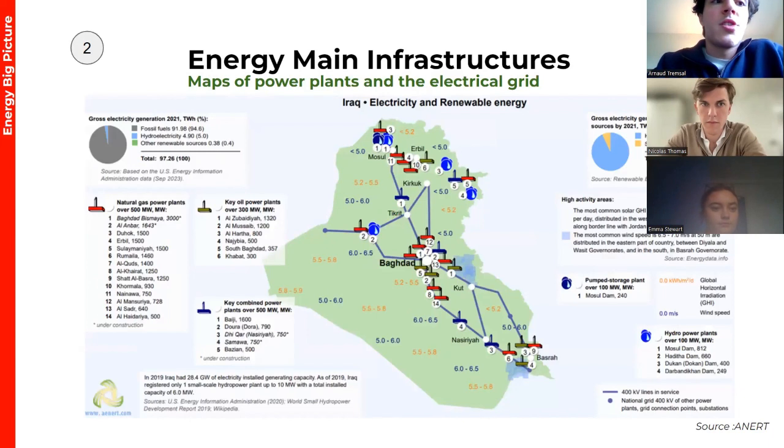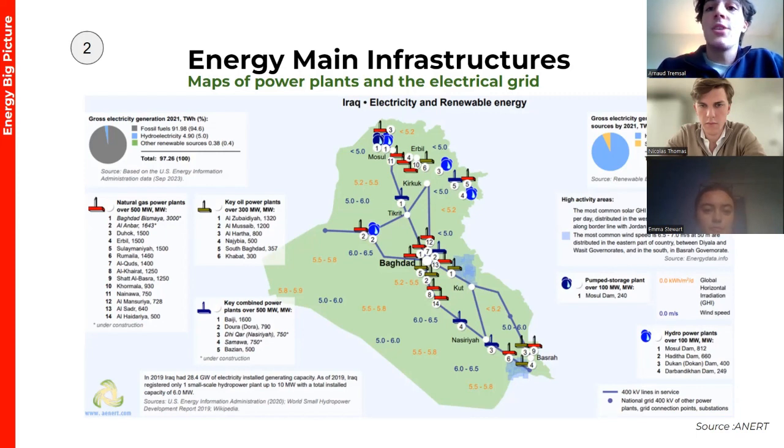And as for the power plants infrastructure, there are 14 natural gas power plants of over 500 megawatts, 6 major oil power plants over 300 megawatts, and another 5 combined power plants over 500 megawatts.